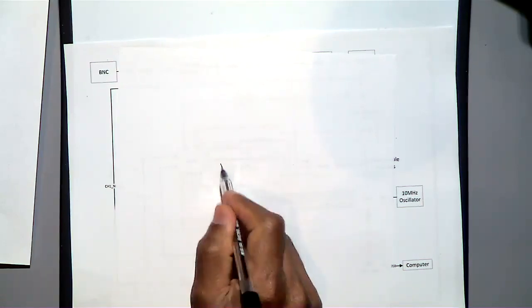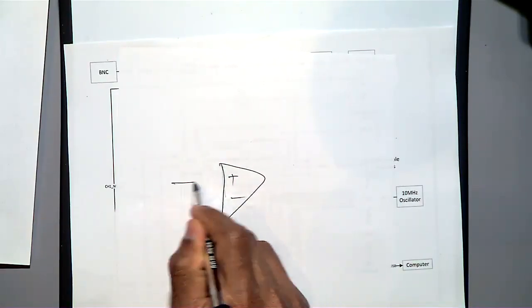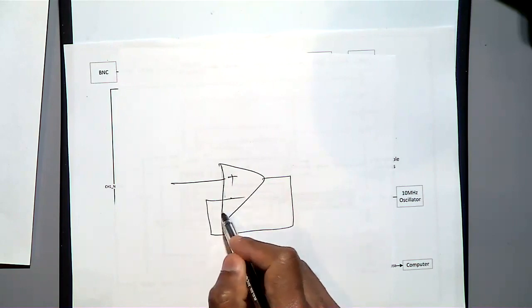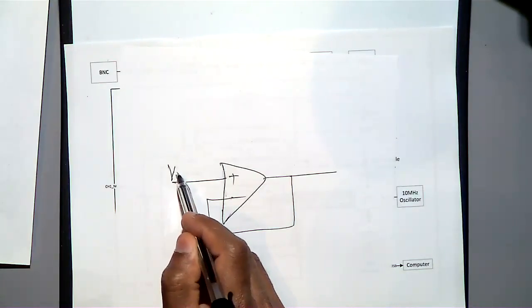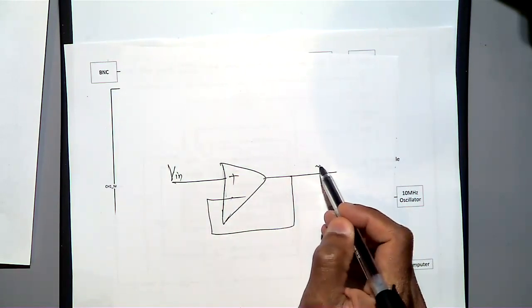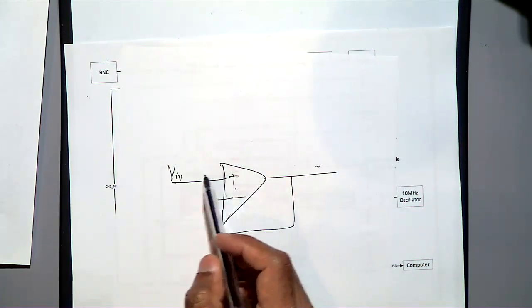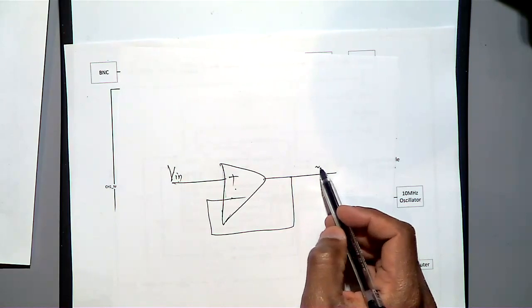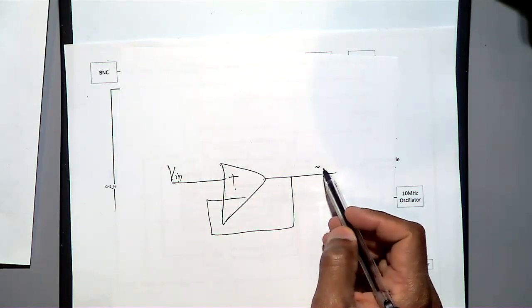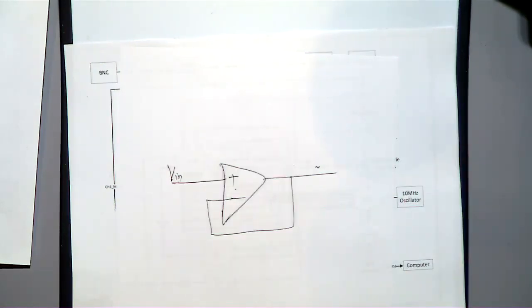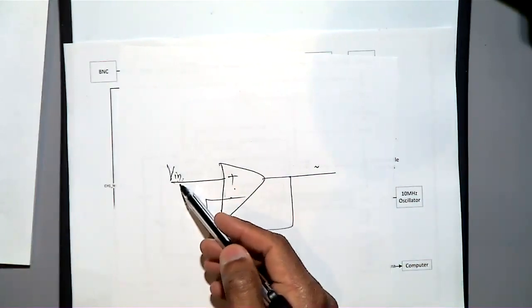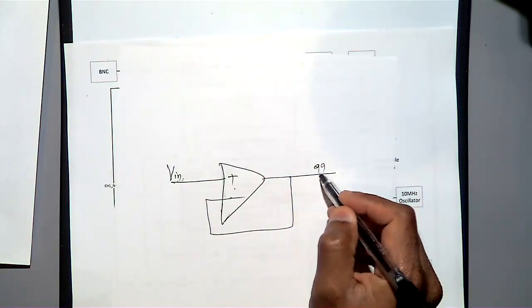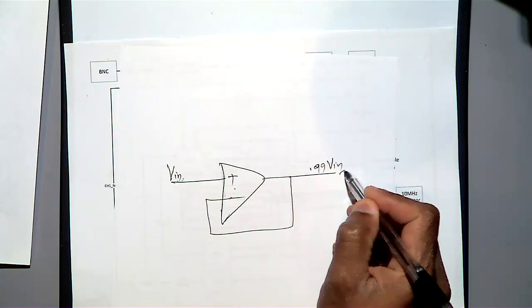You have an operational amplifier, and you are making a buffer. You have some voltage here, V in. For an ideal op amp, when you have V in, you will also get V in here. But if it is not ideal, you will not get exactly V in here. It will be some percentage of V in. So the question is, here you need 0.99 times V in.